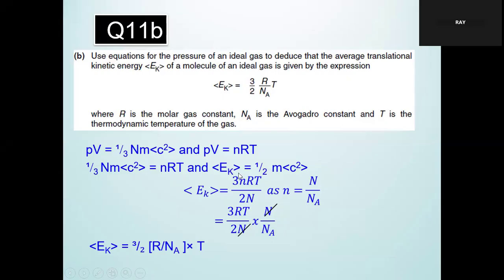That's why we get our 3, because of this 3. And RT and RT. Then N is there. This half is the half of kinetic energy. And replace this N with N over N_A. N and N can cancel off. So we get our equation. Okay or not?